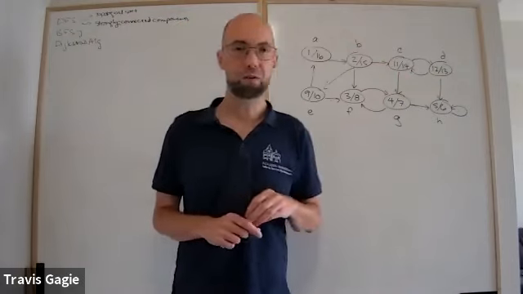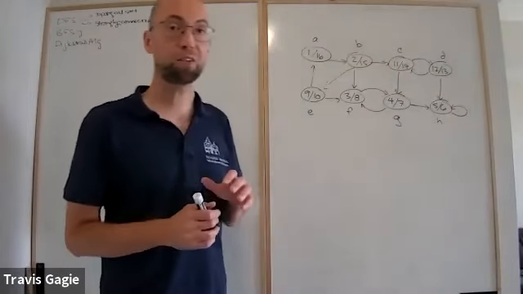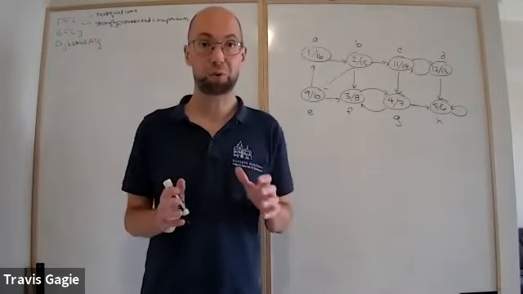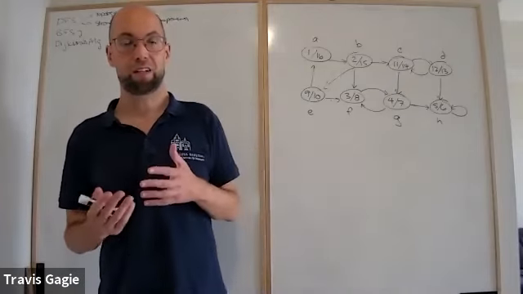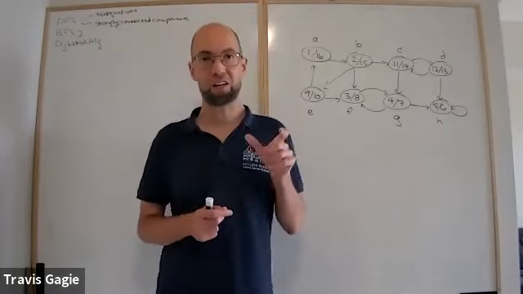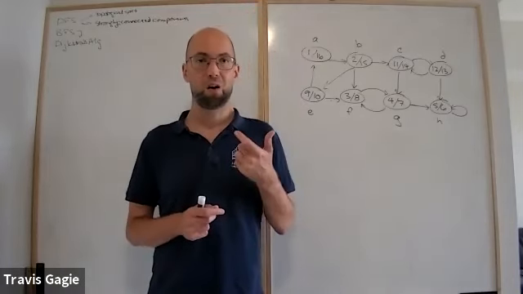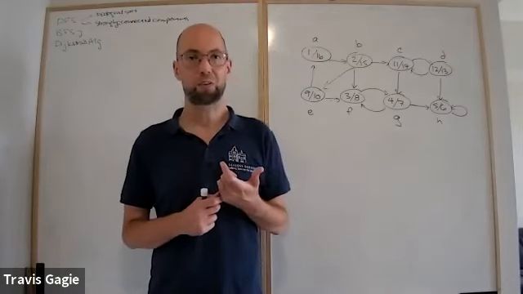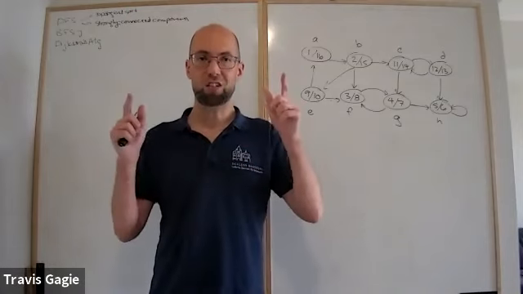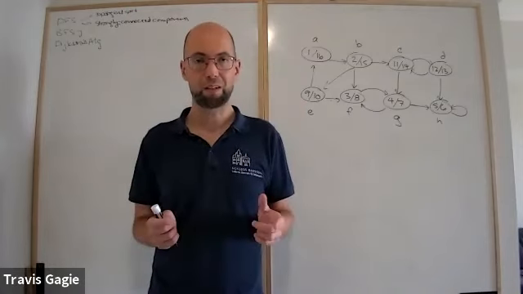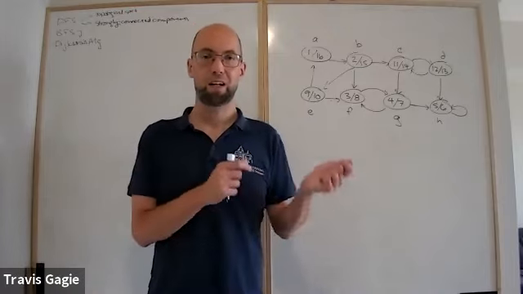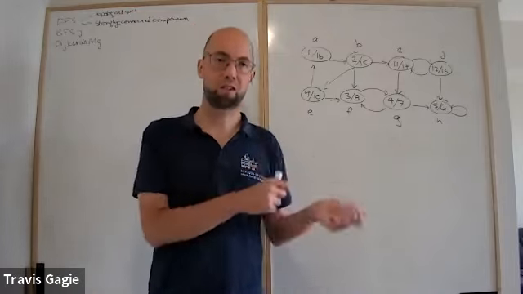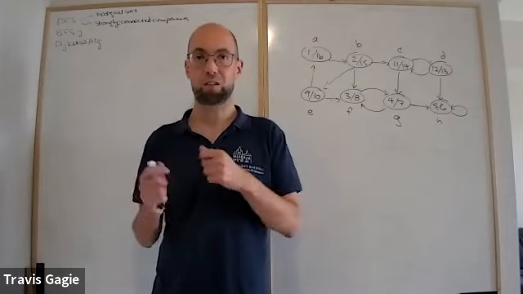So what are we going to do? We're going to compute what's called the transpose of the graph. This just means you take every edge and reverse it. Why is it called the transpose? Because if you write the adjacency matrix of the graph, then the adjacency matrix of the transpose graph is the transpose of the adjacency matrix.